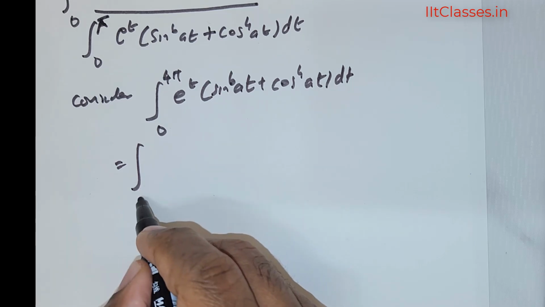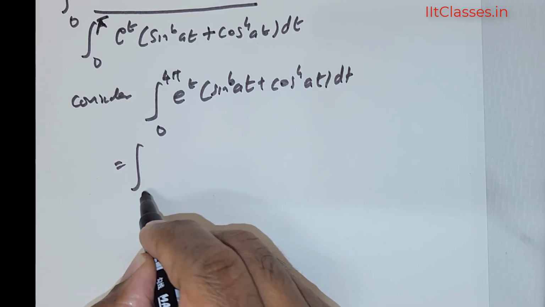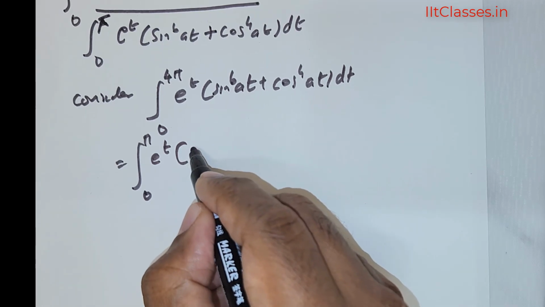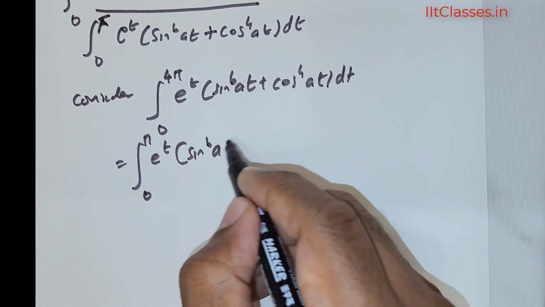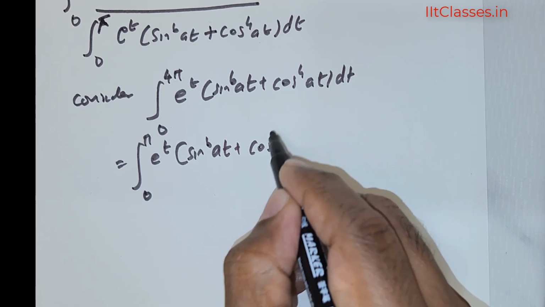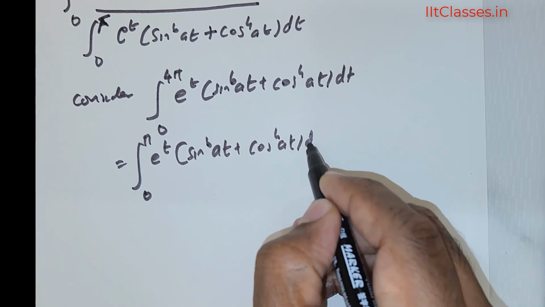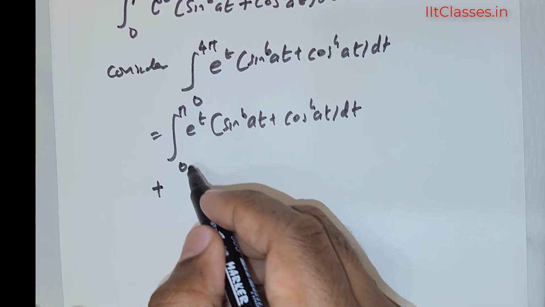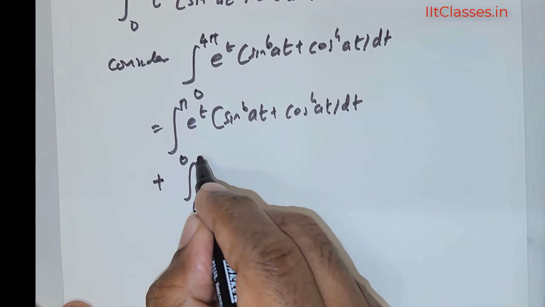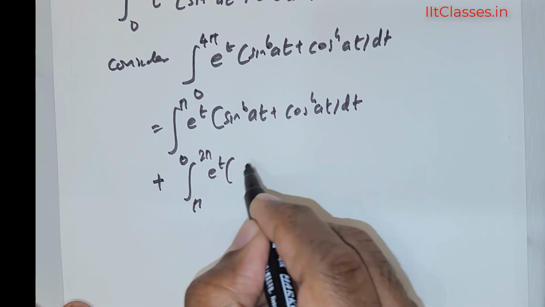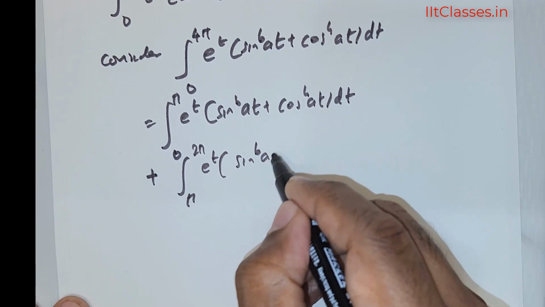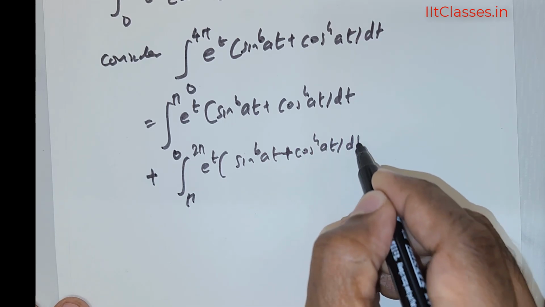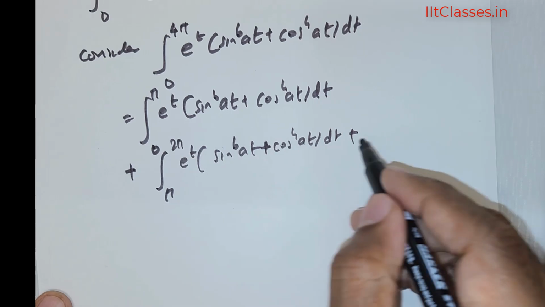I would like to rewrite this as the integral 0 to π of e^t (sin^6(at) + cos^4(at)) dt. Positive, it's 0 to π, right? So the next one is going to be π to 2π of e^t (sin^6(at) + cos^4(at)) dt. Positive, this is π to 2π.